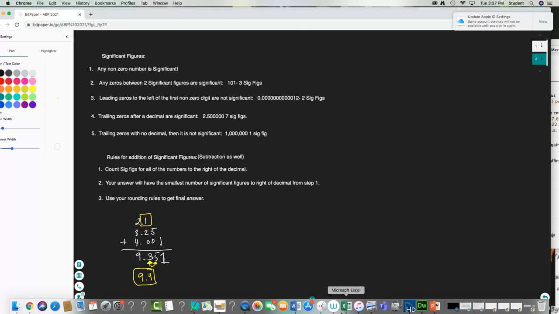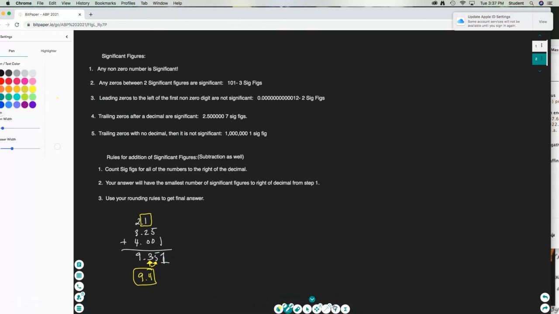Right, let's move on. Let's look at multiplication and division. Rules for multiplying and dividing. So what you do here is, the steps are going to be to count the significant figures of each number being multiplied or divided.